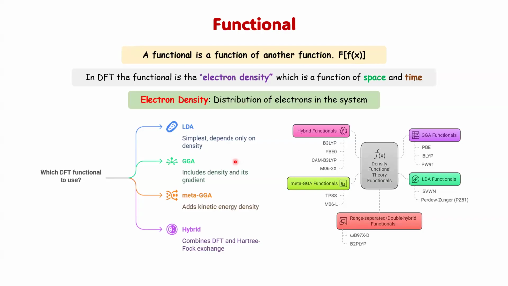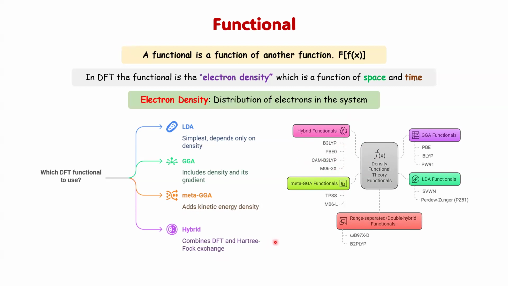It gives more accurate results compared to LDA, GGA, and meta GGA, and it is one of the most widely used functionals in quantum chemistry and material science calculations. Examples are B3LYP, PBE0, CAM-B3LYP, and M06-2X. These are some examples of hybrid functionals.